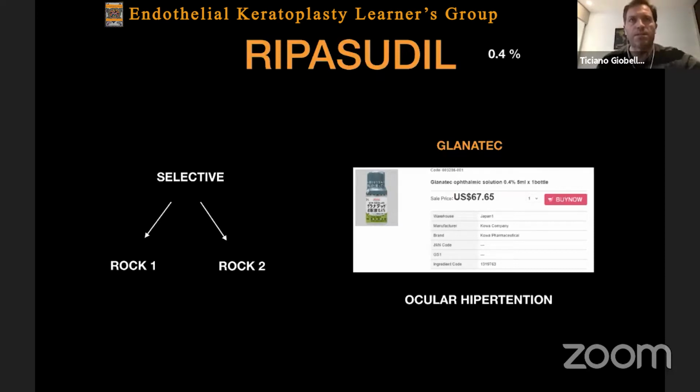Ripasudil is highly selective for both ROCK1 and ROCK2, with minimal off-target effects as a result. Its safety was demonstrated in phase 3 clinical trials for ocular hypertension, and the main adverse event recorded was conjunctival hyperemia in 70% of the cases.